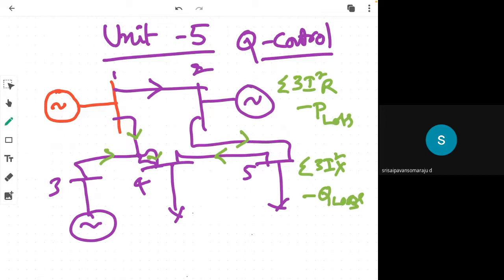Therefore, active power loss and reactive power loss occur due to the flow of current in the transmission network.